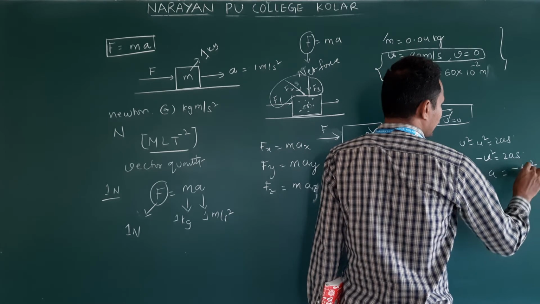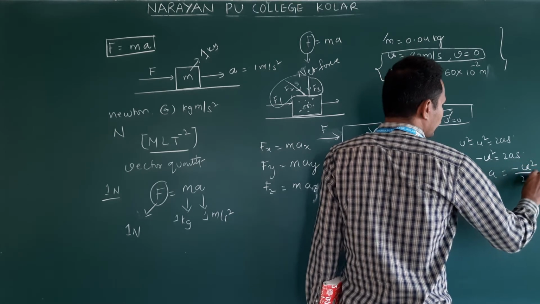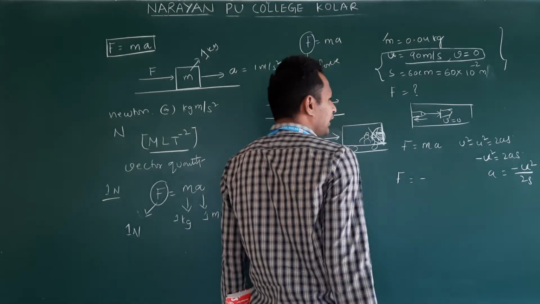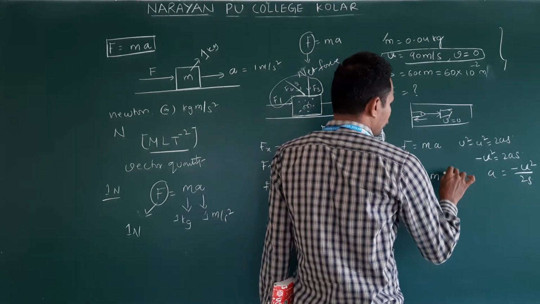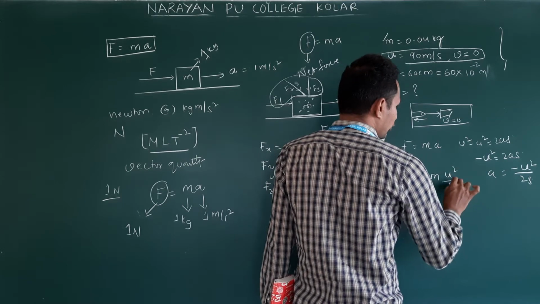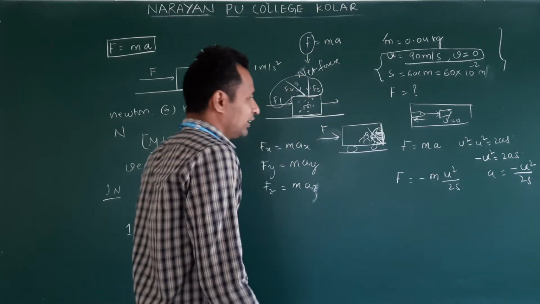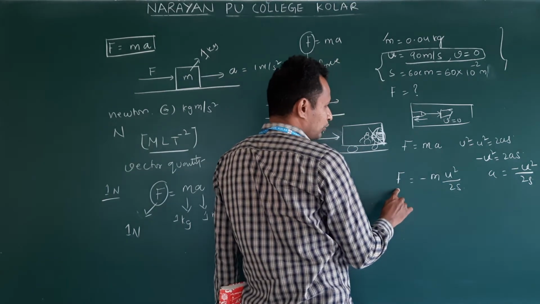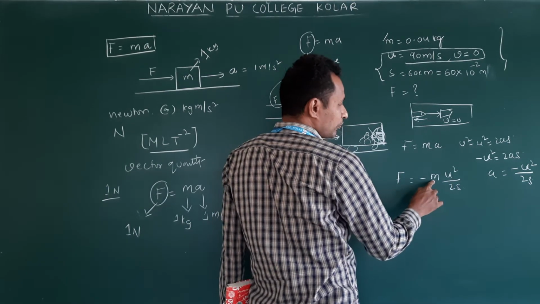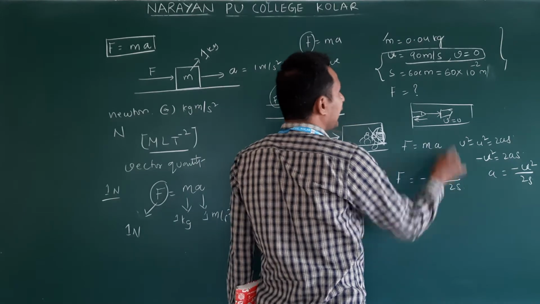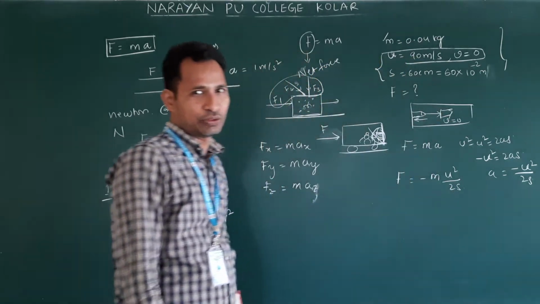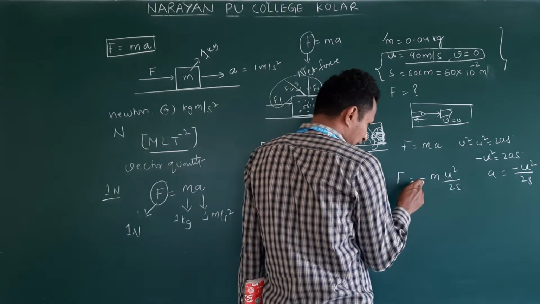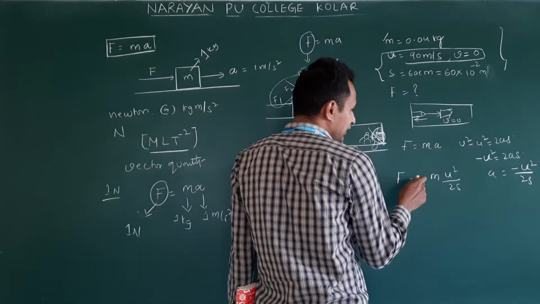Minus U square by 2S. This A substitute here. F is equal to minus M into U square by 2S. Yes. Now see, we got the correct formula. M, U, S, all are there in the information given in the question. Understand? The minus sign indicates that it is a resistive force.